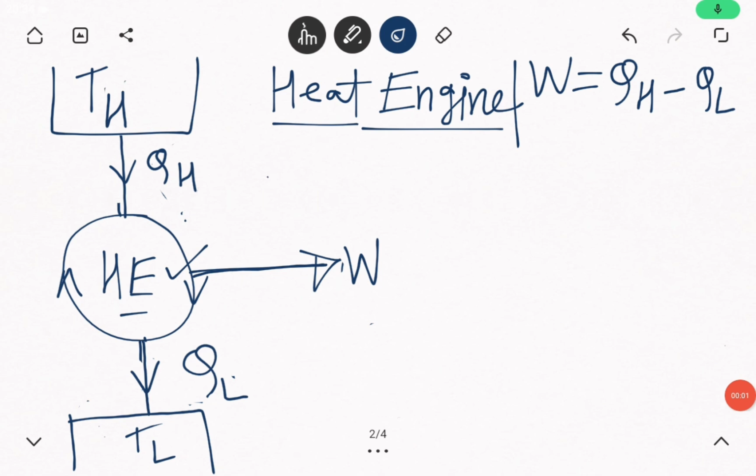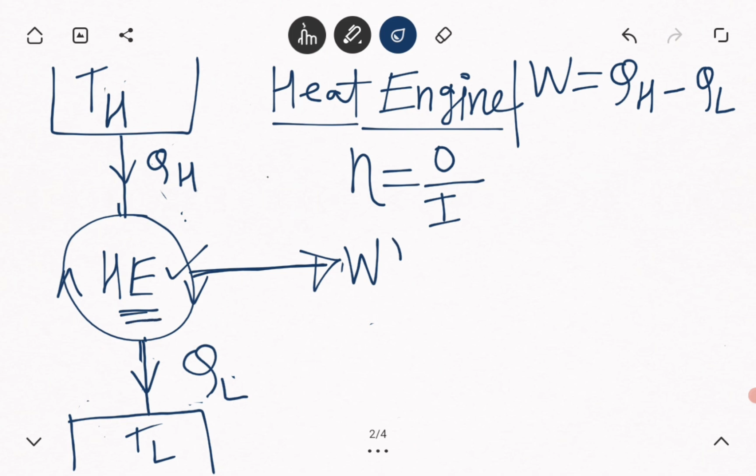So what will be the efficiency of this heat engine? I can write efficiency of this heat engine will be some output upon some input. What is the output which is coming from this heat engine? It is mechanical work. What is the input which is given to the heat engine?